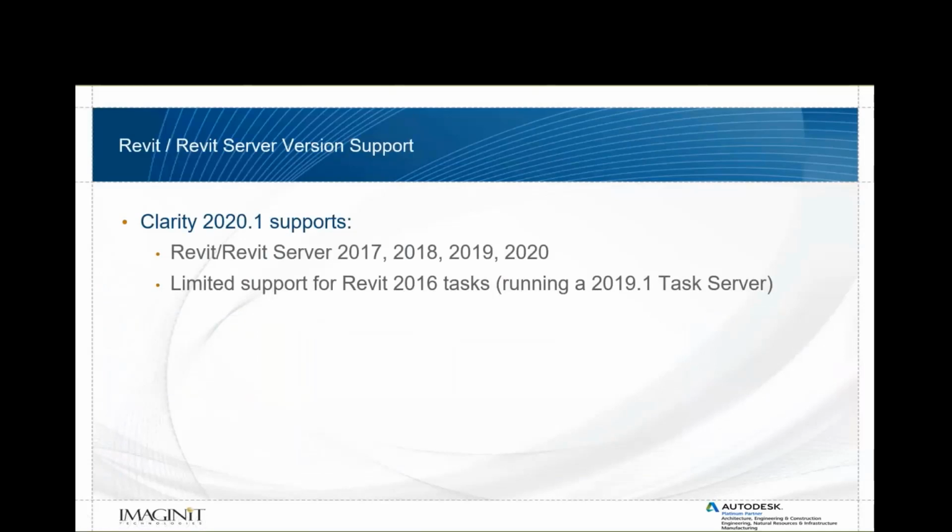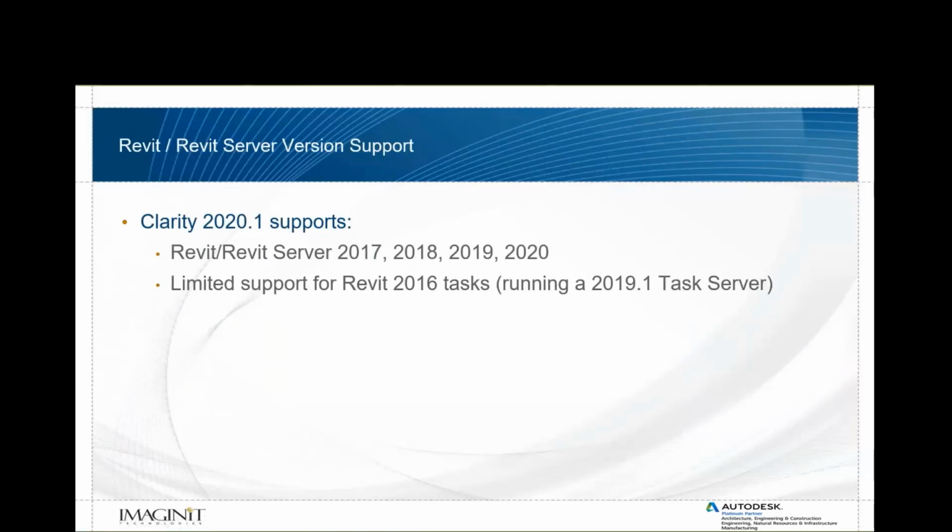Clarity does task automation and all sorts of work specifically with Revit, and our Clarity 2020 products support Revit 2017 through 2020, all of those versions. And then we also have limited support for Revit 2016.